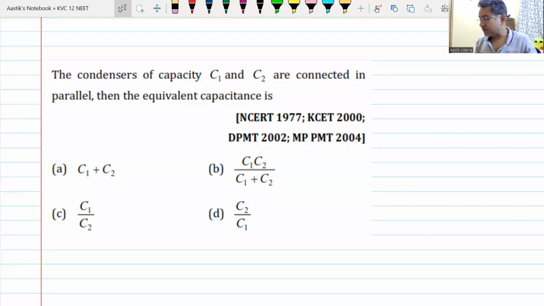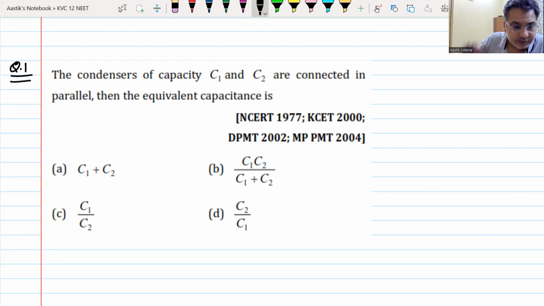Then we come to this question, beta. And I hope you can give me the answer for this straightforward question. The condensers of capacity C1 and C2 are connected in parallel. What is the equivalent capacitance?